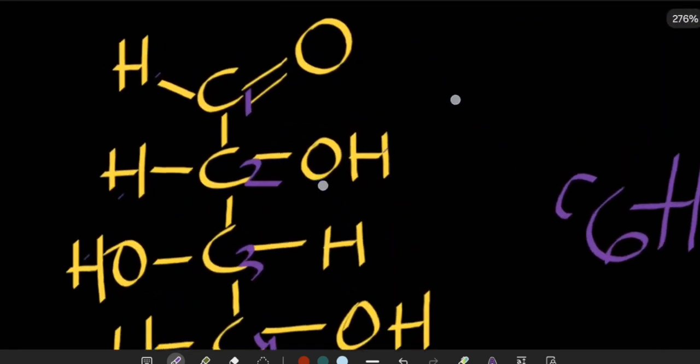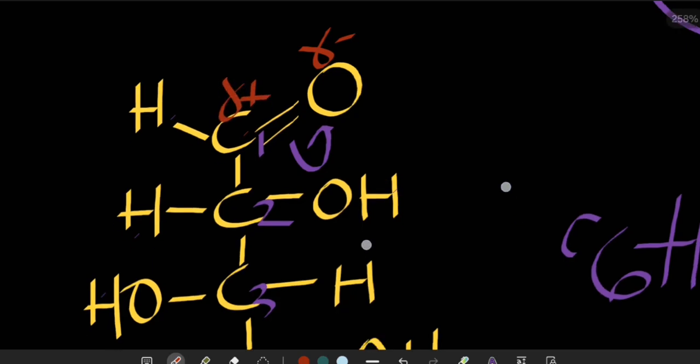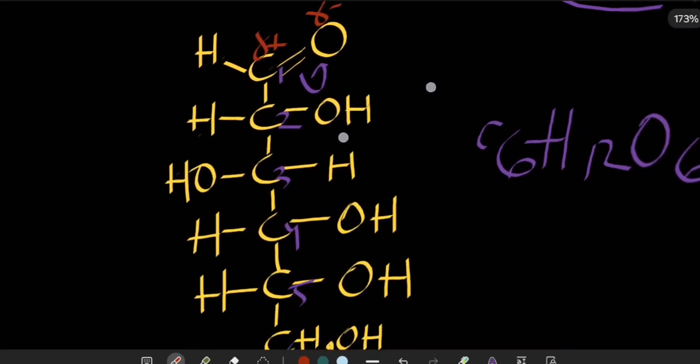I'm just going to use another color so that there is less confusion. What about this carbon? Since the carbon is also attached to the double bond, it's going to gain a partial positive charge. So a partial negative and a partial positive charge are developed.